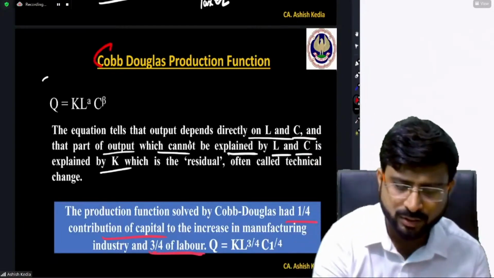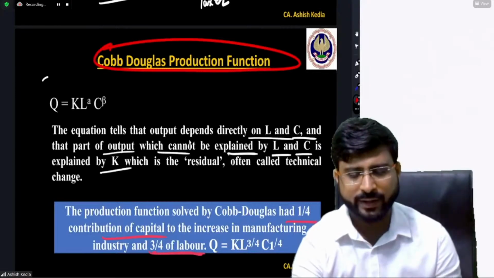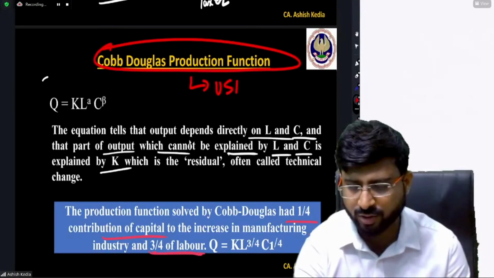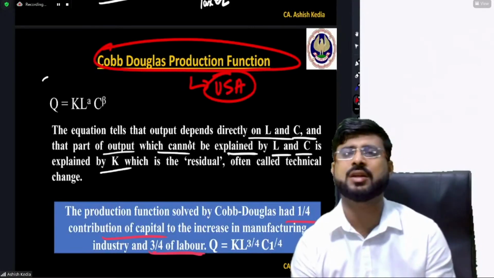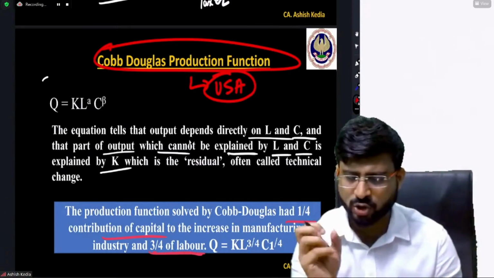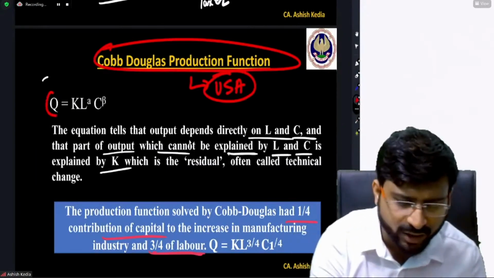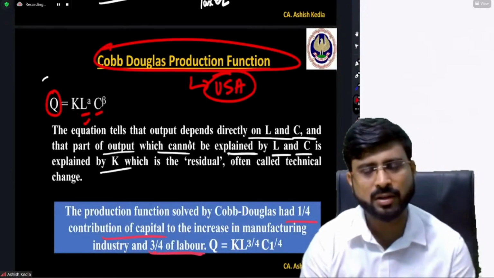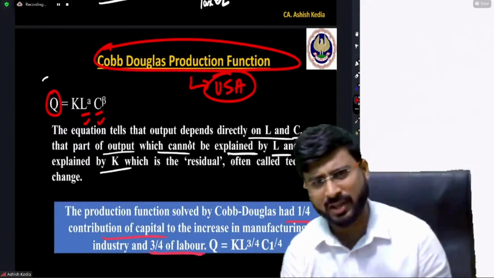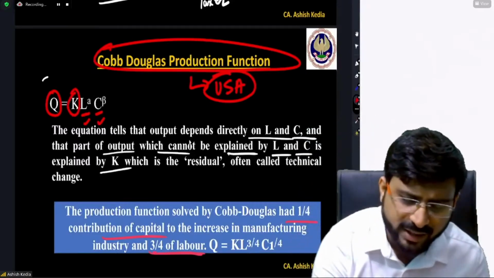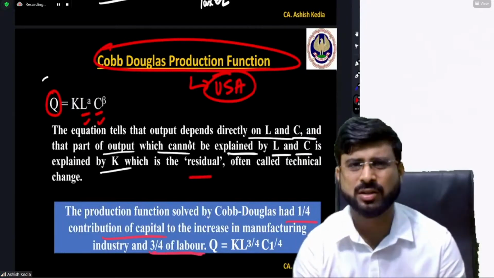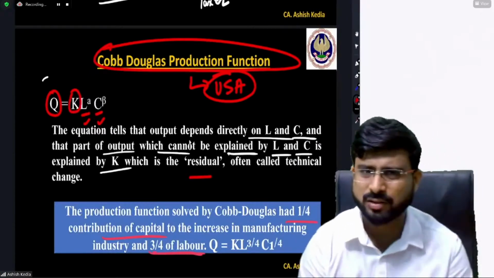So now, this Cobb-Douglas production function originates from the United States. This theory came from the United States of America. Basically, the situation of the US says that quantity produced depends on both L and C. L is labor, C is capital, meaning machinery, and K is any other given constant, a residual, basically some other factor.